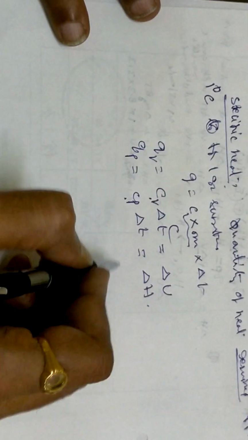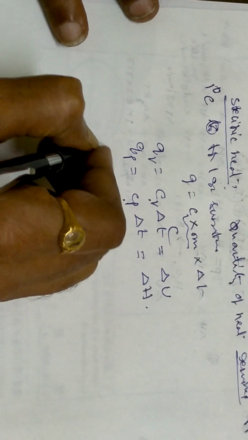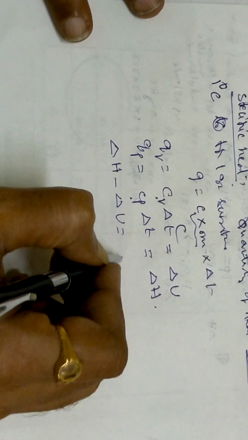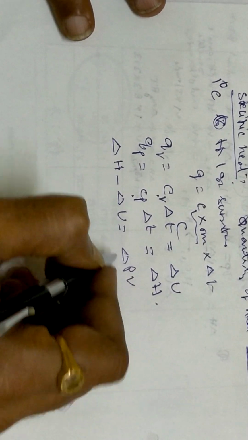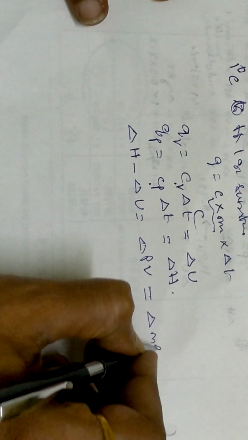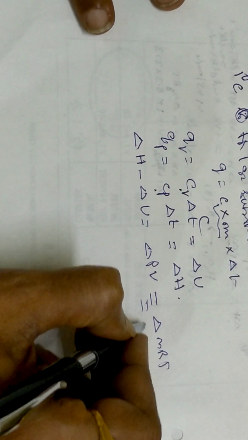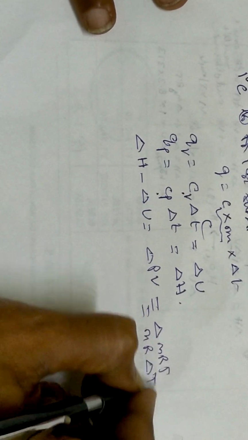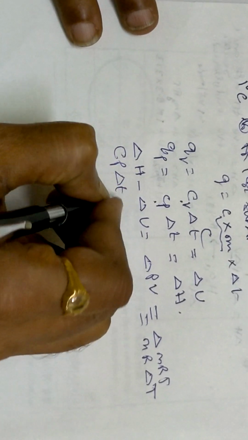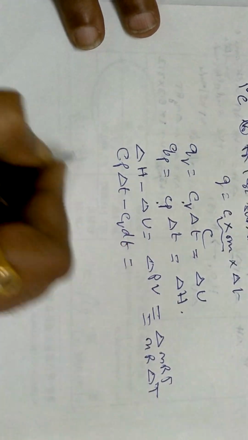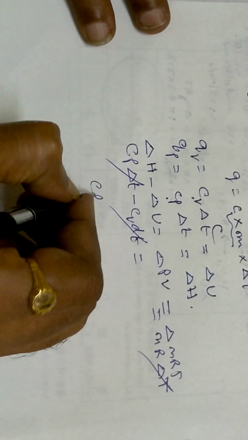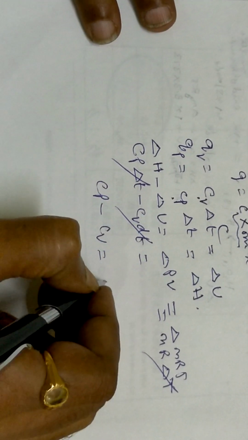Then if we see delta H minus delta U equal to delta PV. I can write PV equal to nRT, so delta nRT is nothing but nR delta T. Delta H is Cp delta T, minus Cv delta T. Cancelling delta T on both sides, Cp minus Cv equals nR.